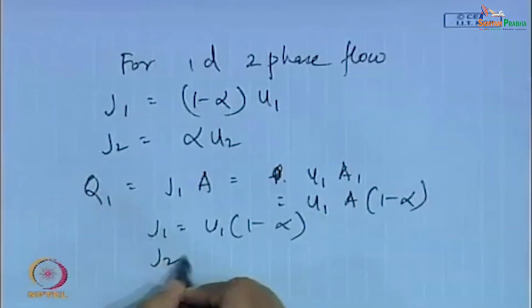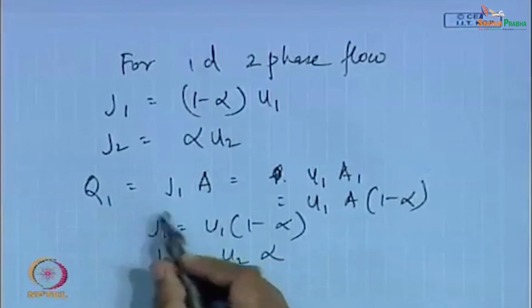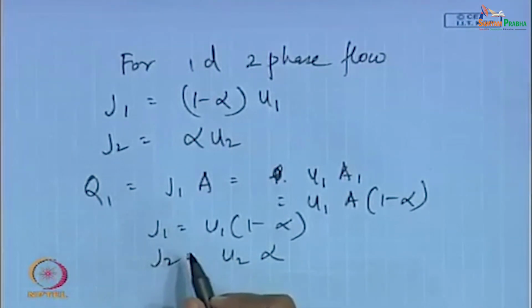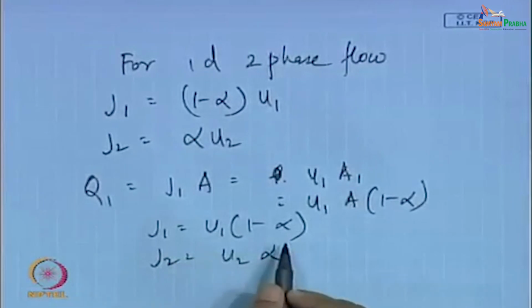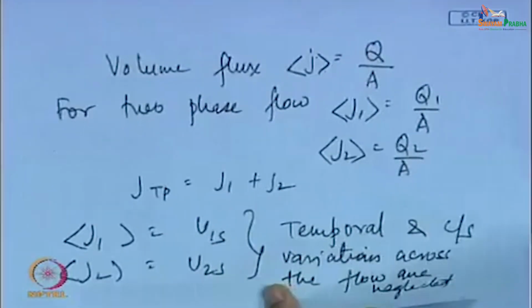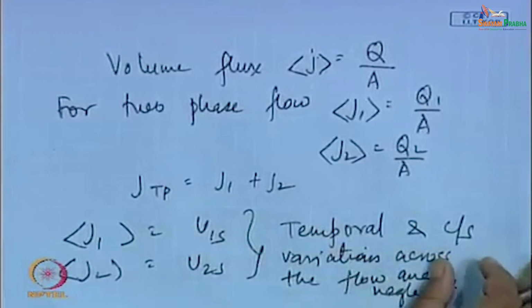Same way J2 equals U2 into alpha, fine. So the volumetric fluxes can be related to the local component concentration and the velocity by these relationships for one dimensional two phase flow, and the total local flux, as I have already mentioned, can be expressed by this particular expression.